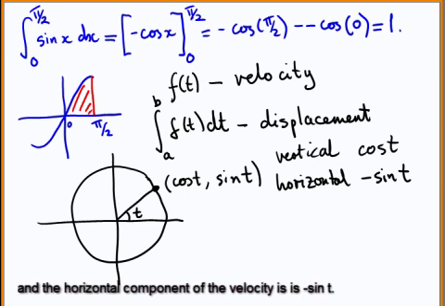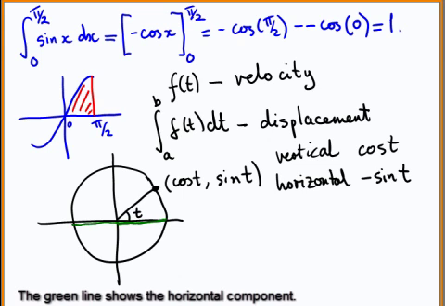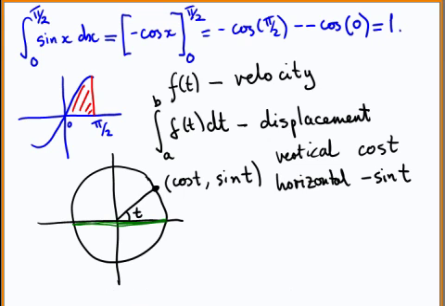So we're saying that as a particle moves around the unit circle with constant angular velocity, the horizontal component of that particle would be moving backwards and forwards along the x-axis with velocity minus sine t.